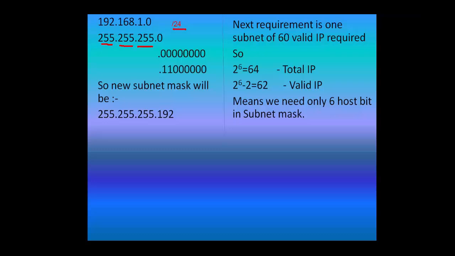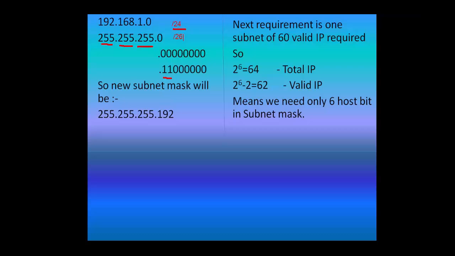And now in the new subnet mask we have added 2 more bits to the network side, so it becomes /26 now. It is known as CIDR representation or CIDR notation.